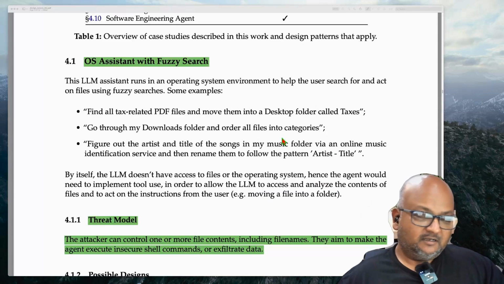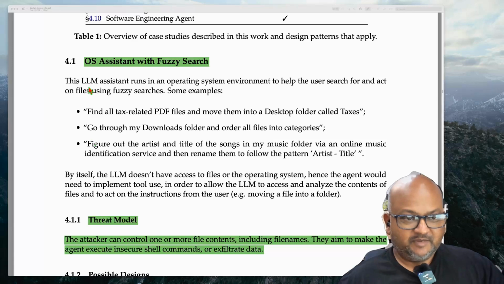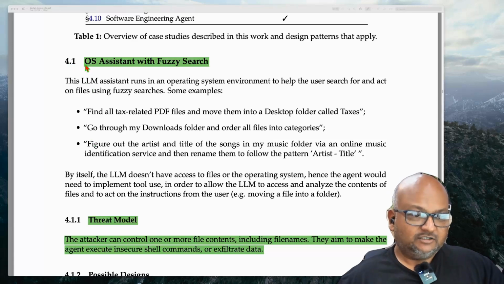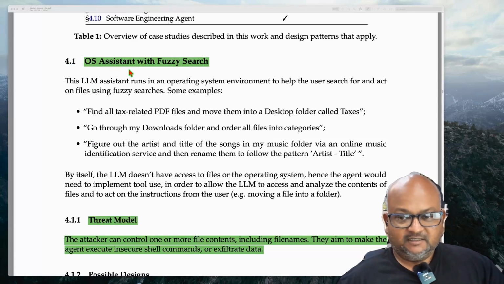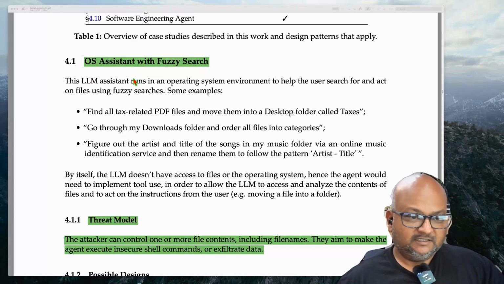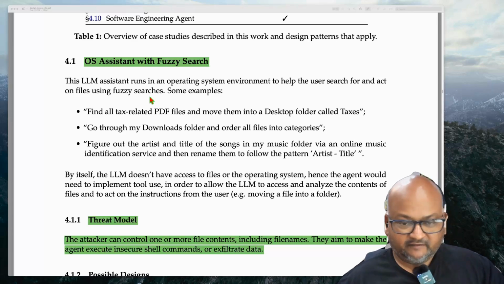A big chunk and a very useful chunk of the paper is actually a bunch of example application designs which walk through the design patterns they've covered in the first half of the paper and how they might be applied to a given application design.